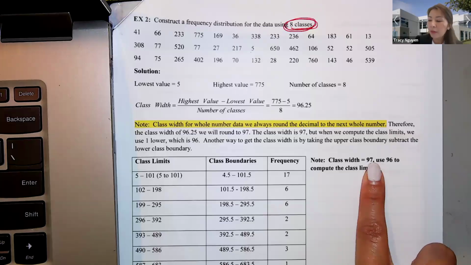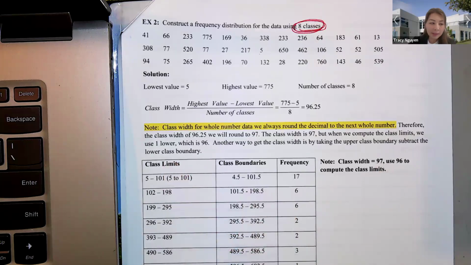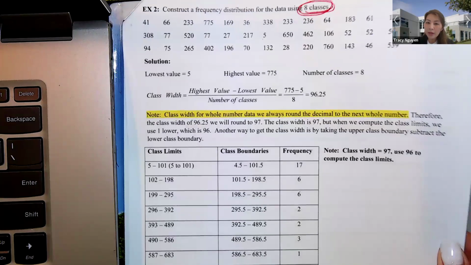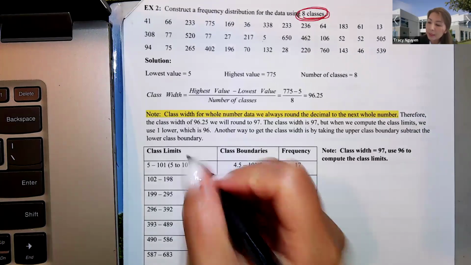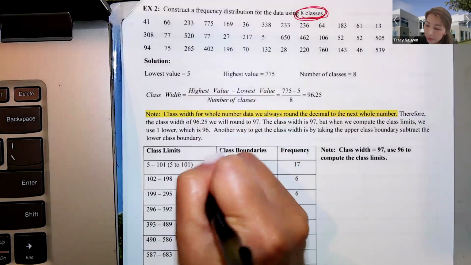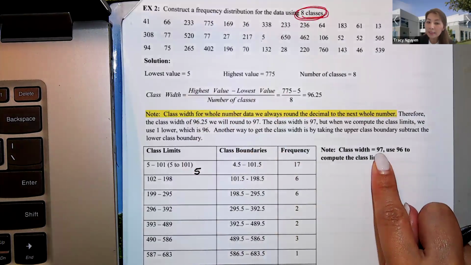All right, so now let me show you how I actually constructed the class limits. I already typed out the solution for you, but let me show you how I actually got to it. You start off with the lowest value from the data set, so you start with 5. The class width is 97.